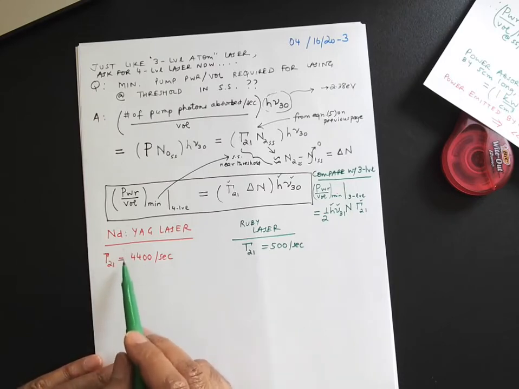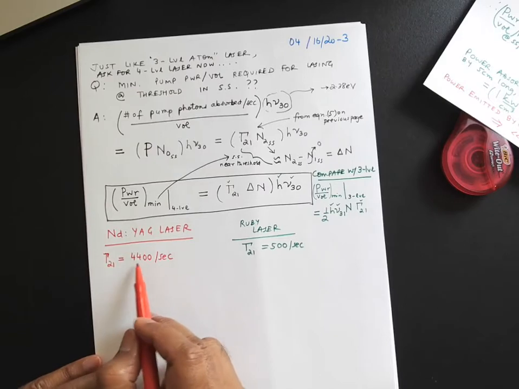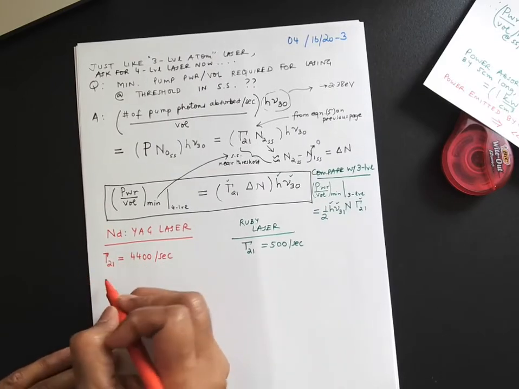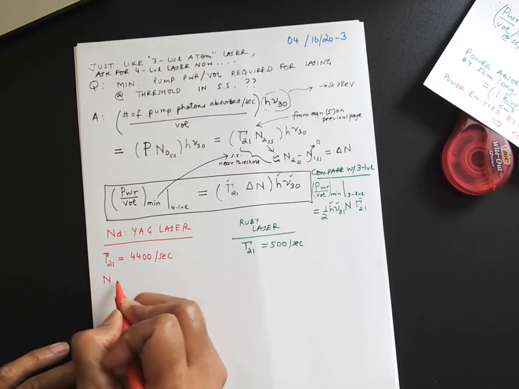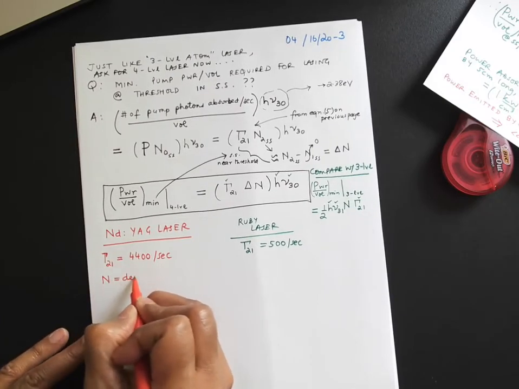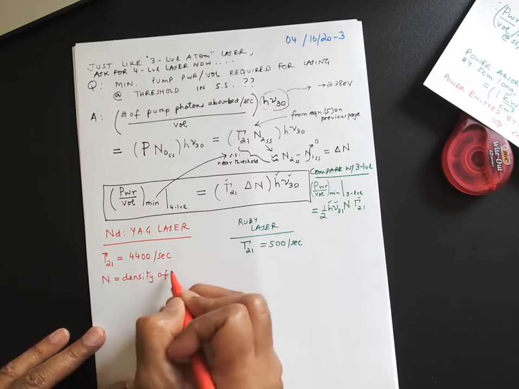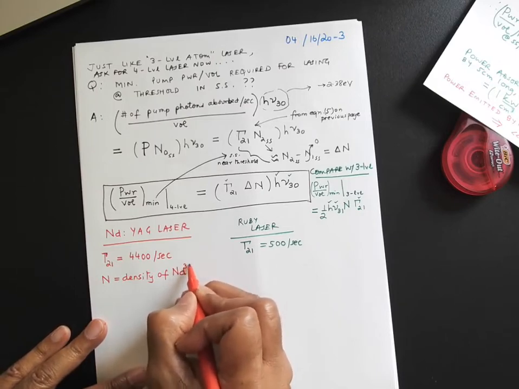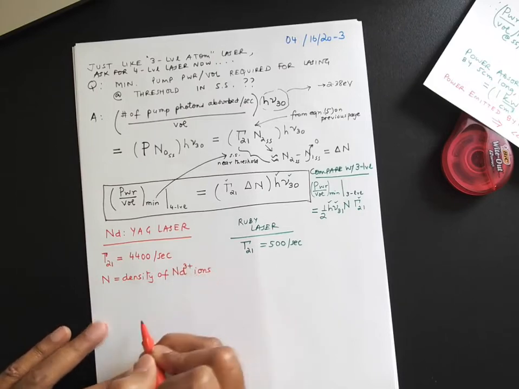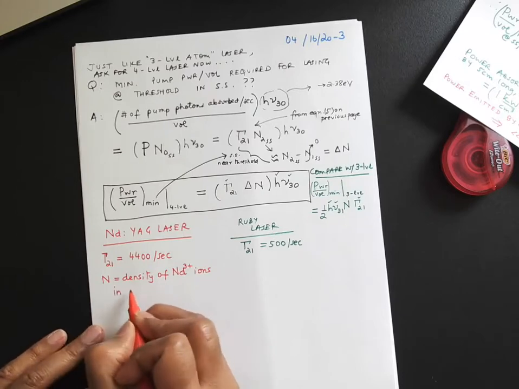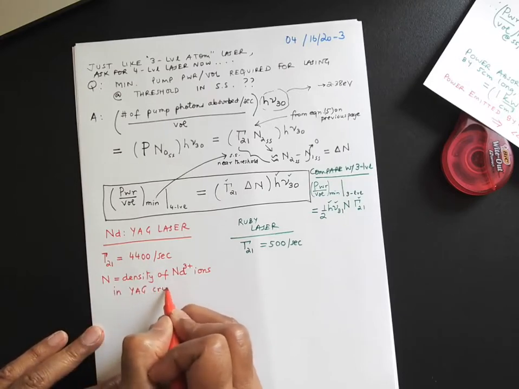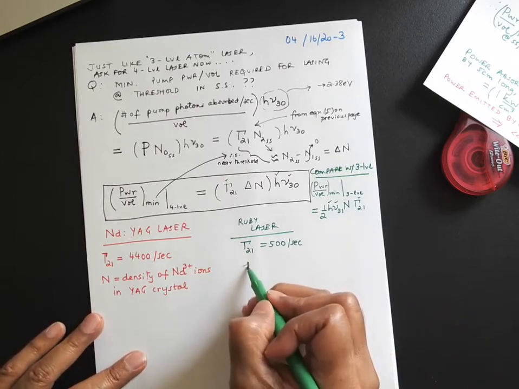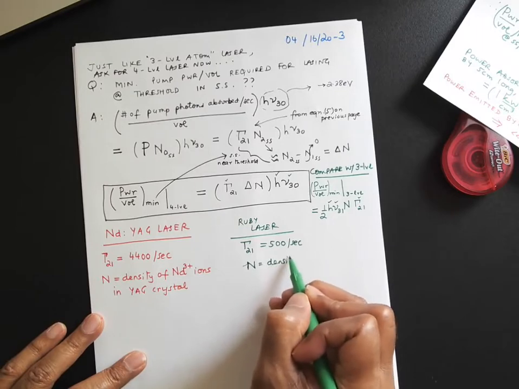But for the Nd:YAG laser, this number is actually not good compared to Ruby. But then let's look at the density. The N is, again, the density of the dopant, the neodymium 3+ ions, because they are the ones who do the lasing in the YAG crystal. And similarly for Ruby, N was the density of the chromium ions.